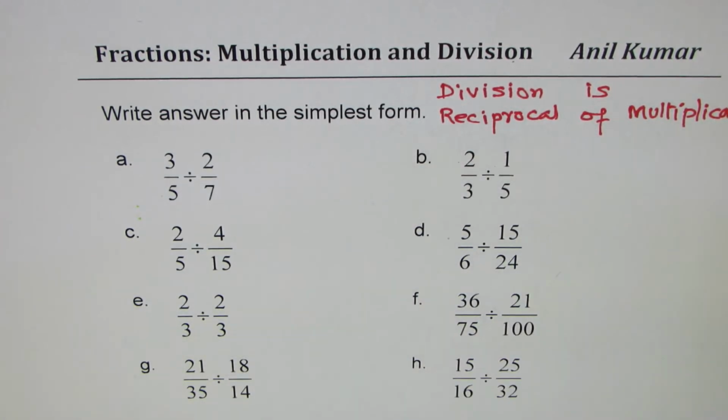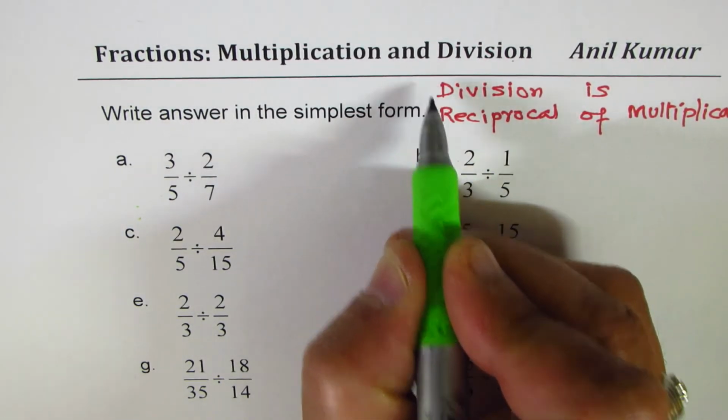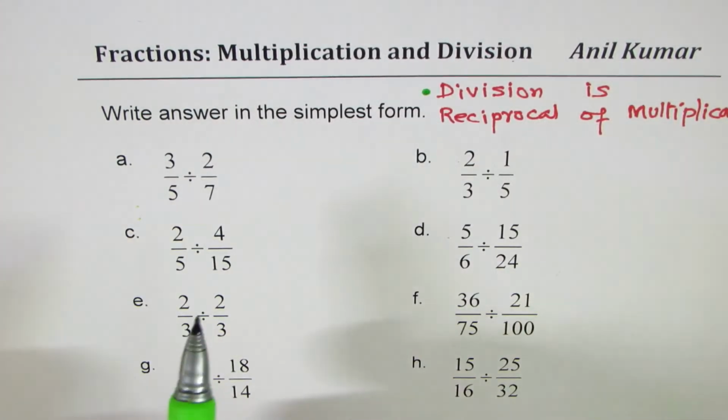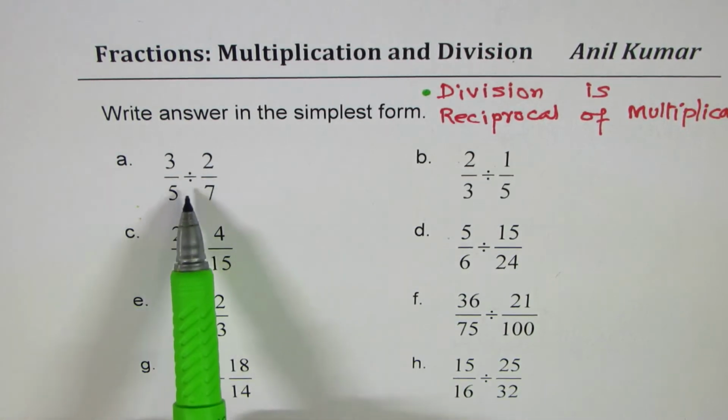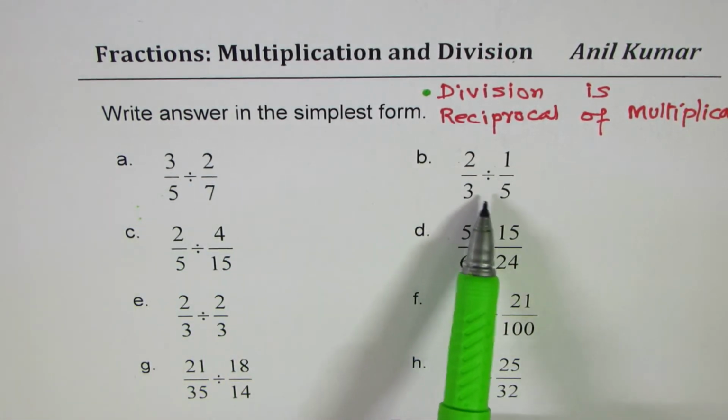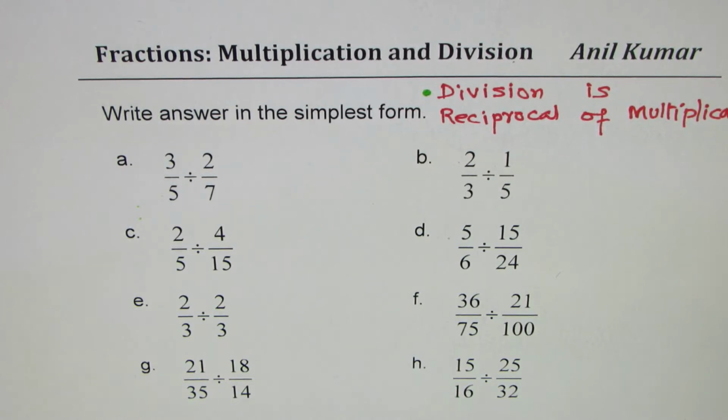So with that in mind, I would like you to go through these questions, copy them out, and try to find their solution. So the question for you here is, write the answer in the simplest form, and these are your division questions. 3 over 5 divided by 2 over 7, 2 over 3 divided by 1 over 5. So in these questions, the first step should be to write each one of them as multiplication.